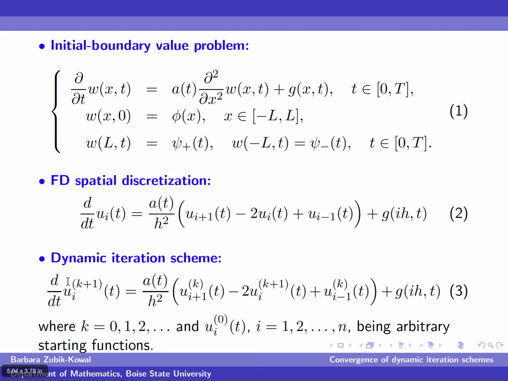This is written in this form labeled by number 3, and this is a simpler system because here we use the present iterate denoted by the upper index k plus 1 only for the main diagonal, and the other non-zero off-diagonal entries are not multiplied by the present iterate. Instead, they are multiplied by the previous iterate, denoted here by the upper index k. So this is a diagonal system because it's an iterative process.